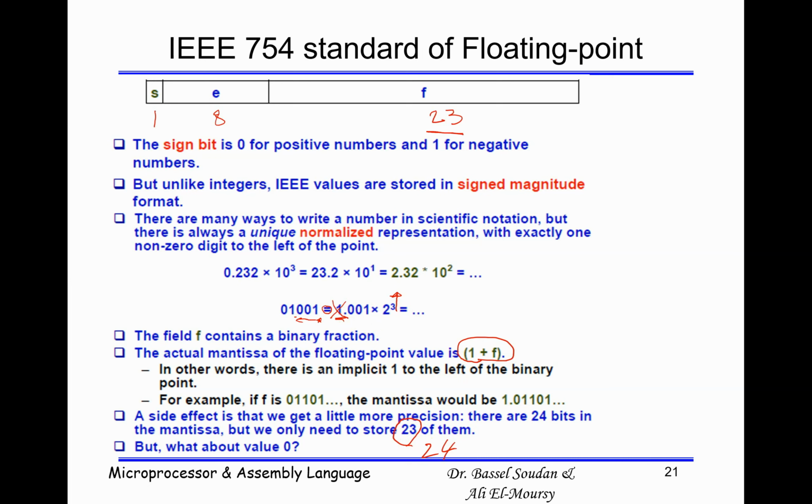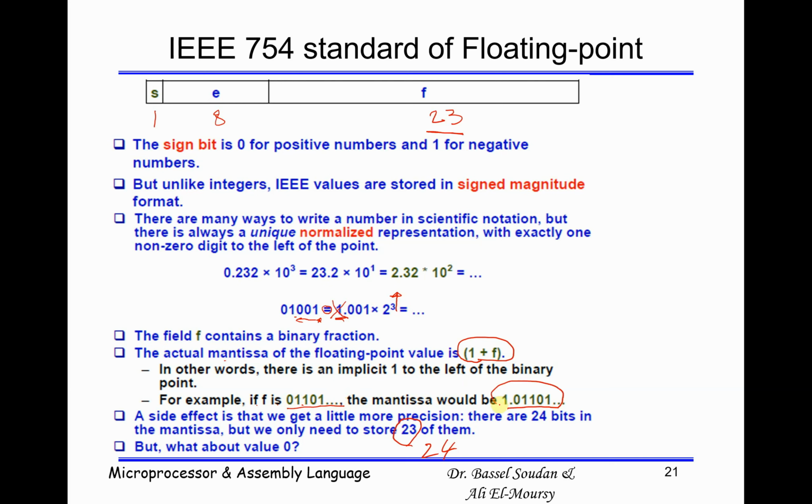For another example, if f equals this, that means the original number is 1.011.